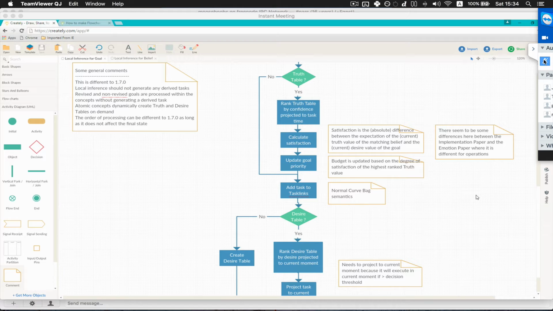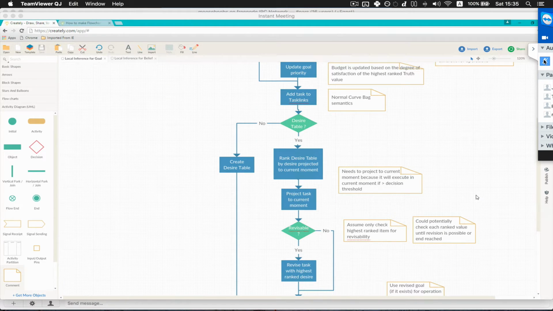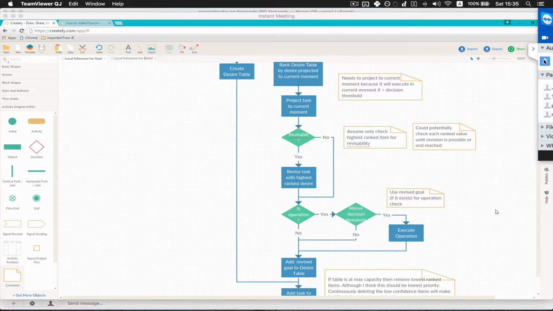There are two ways of thinking about this, really. The reason we're projecting to task time is so that we can calculate satisfaction. That level of satisfaction is going to be used immediately in the next step, where we actually determine whether or not we execute this. Yeah, this I fully agree.